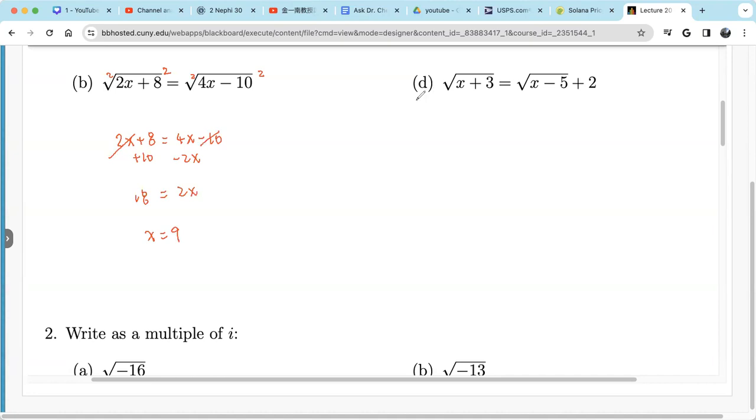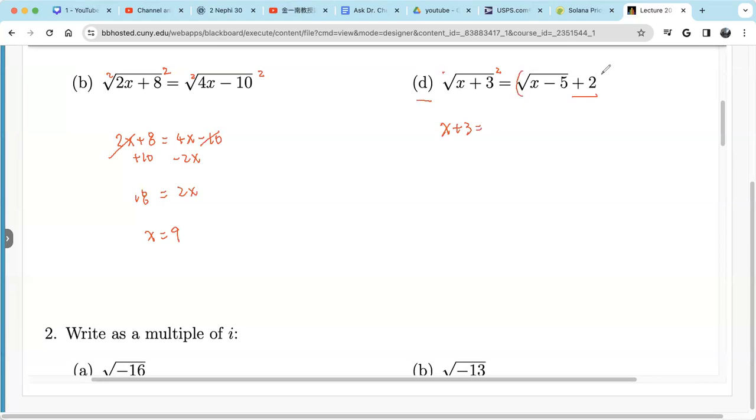Now let's see D. D is different. Compared to B, where both sides have everything under the square root so we could square, in D we have a plus 2 here. That means we have to square twice. So we square the left-hand side. The left-hand side just has x plus 3.